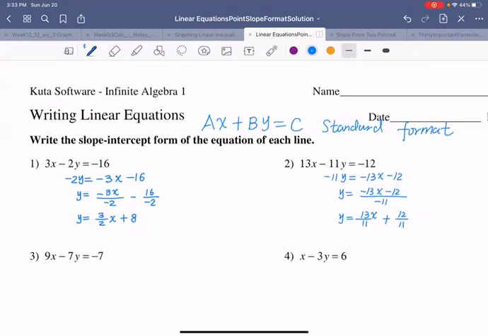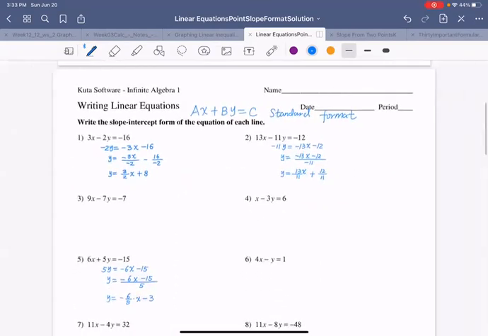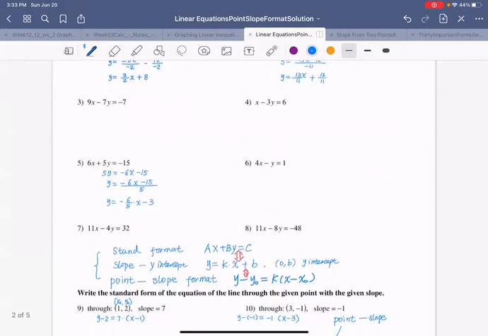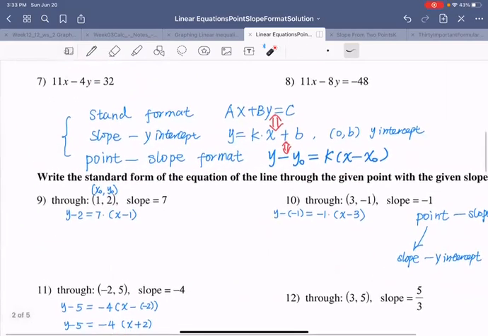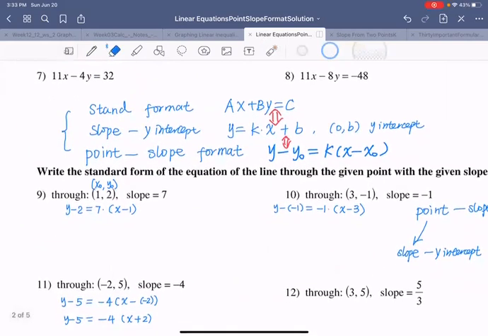Look, three different formats: standard format, slope-intercept format, and point slope format. They can be converted to each other. Now, Ethan, how do I write down this equation? How do I write down the linear function?